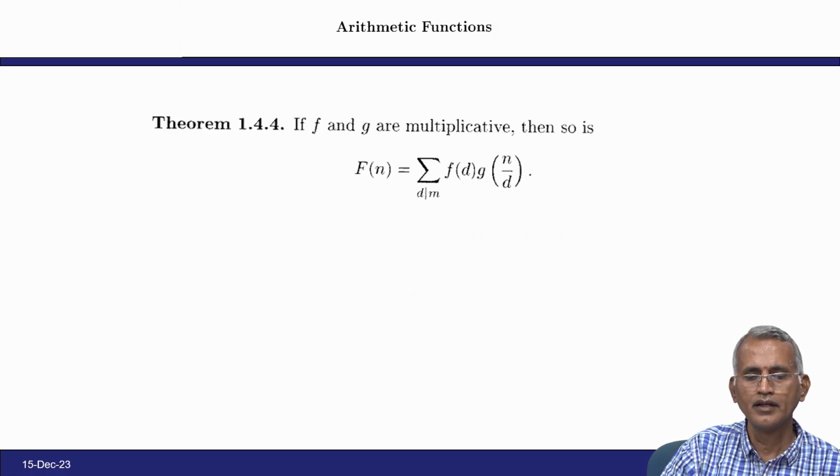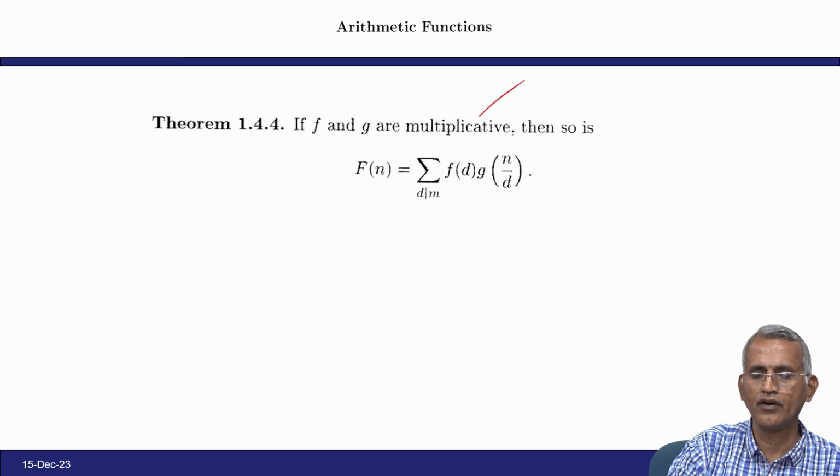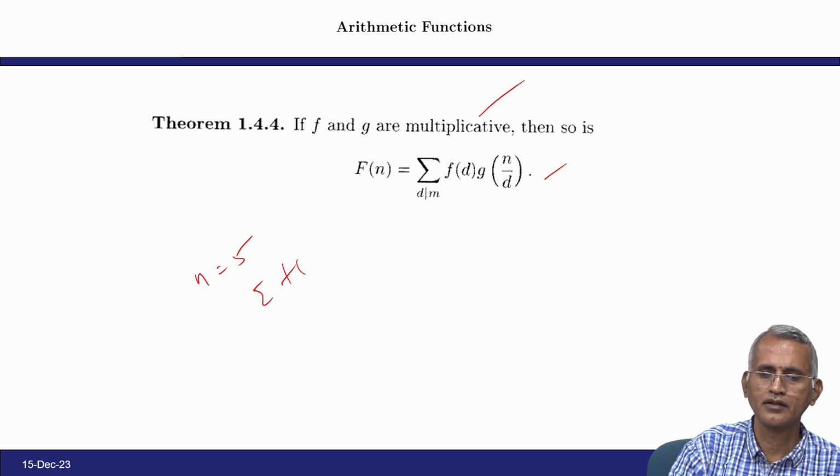Next theorem: if f and g are multiplicative, then so is h of n equal to the summation over d divides n of f of d into g of n by d. So, if you have n equal to some number like 5, and then the summation of f of d, it is possible to divide that number, right, then only it can be expressed.